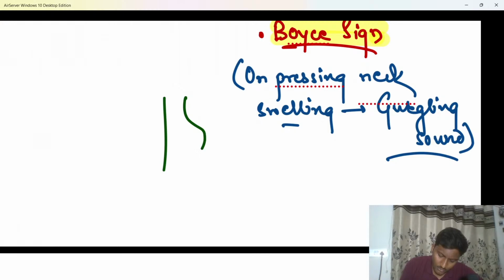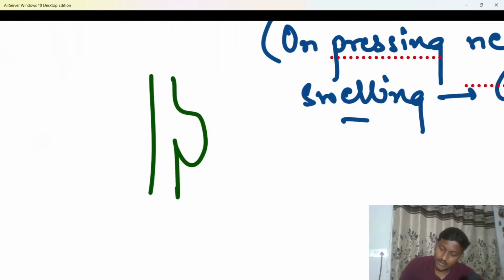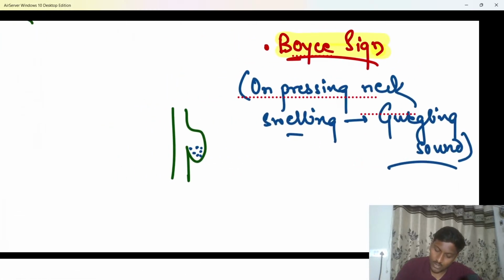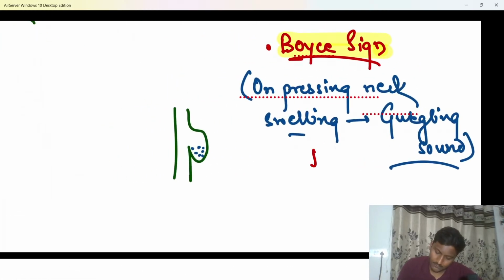So for example, this is your esophagus, and from there we have this outpouching known as Zenker's diverticulum. If fluid has collected here, and when you press the swelling and this fluid goes out, it will make the gurgling sound. Understood? That is called the Boyce sign. So the Boyce sign is usually seen in a condition known as Zenker's diverticulum, or we can call it the pharyngeal pouch.